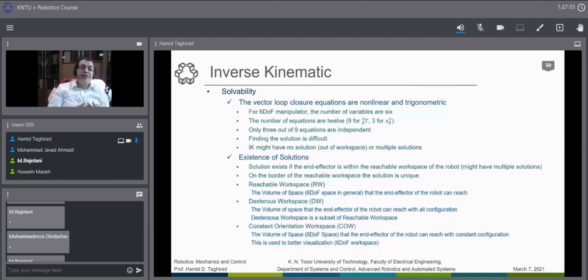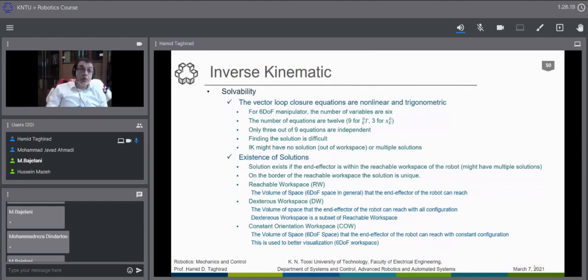But here I will talk about the reachable workspace. So this is another point. By inverse kinematic analysis, we can find the workspace of the robot. And it is very important to have the workspace. For example, you want to buy a robot that can paint, and you know that the car body that you want to paint is at least 2 meters by 2 meters large.